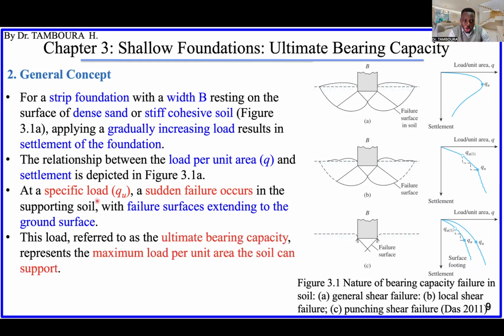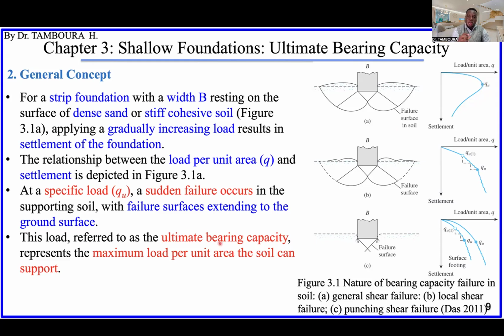This load, referred to as the ultimate bearing capacity, as I said, represents the maximum load per unit area the soil can support. You can see that there is no load after here. The load is not going in this direction anymore. It's going this way, which means the settlement is now very large. The maximum of this curve is this one.